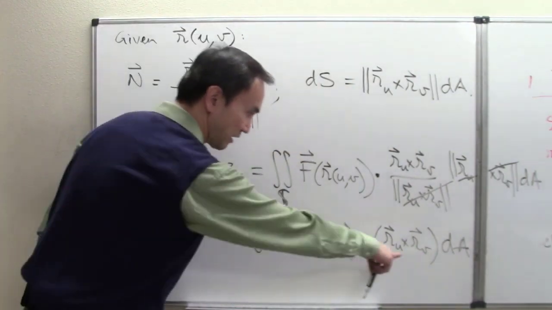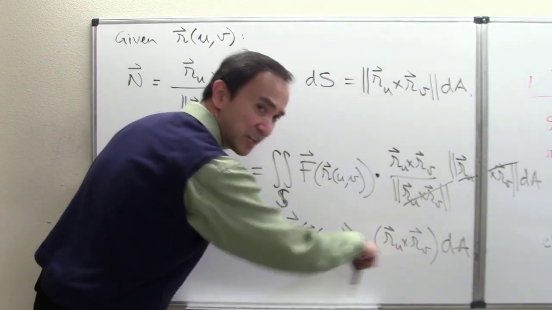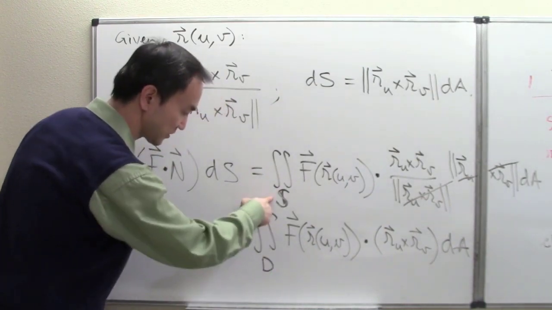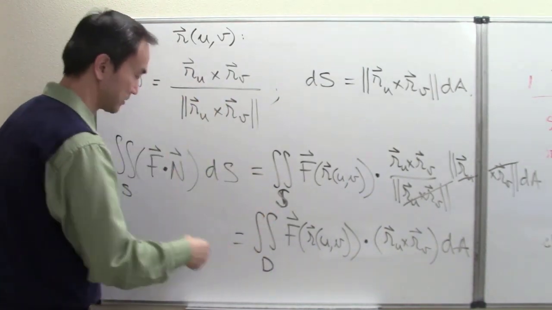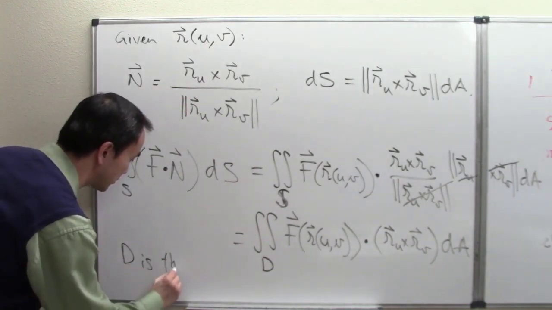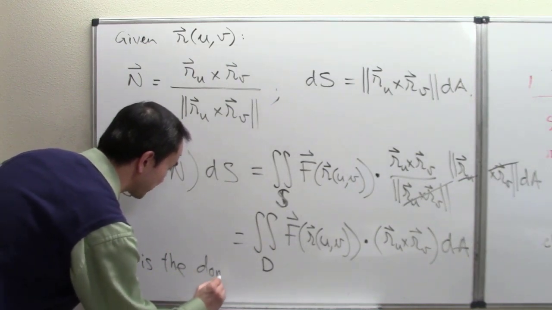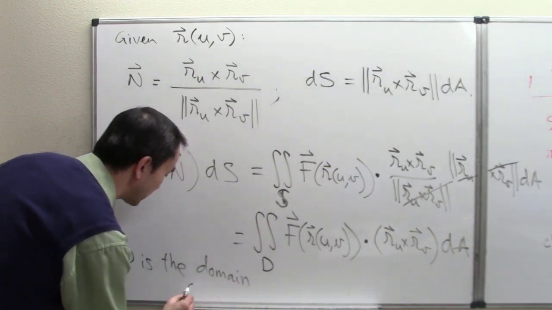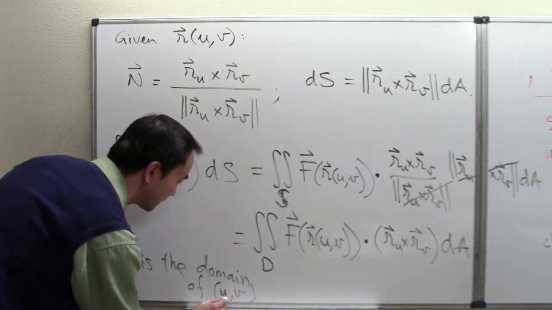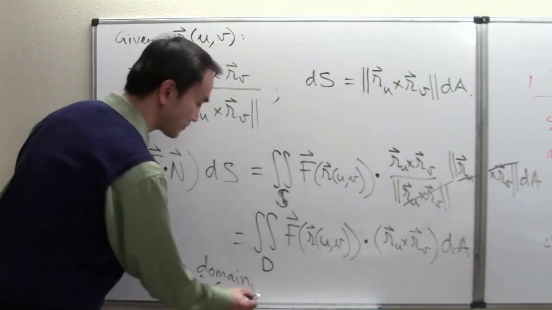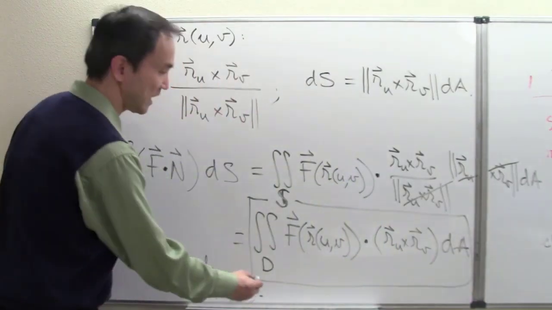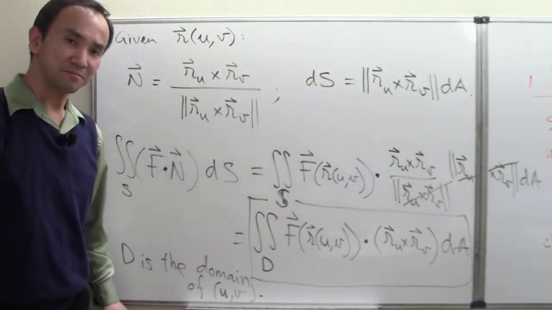And now everything is expressed in terms of u and v. Of course, the S representing the whole surface is now changed to just D, where D is the domain of all u comma v pairs. That's how we're doing it, and this formula will eventually give us access to the actual calculation.